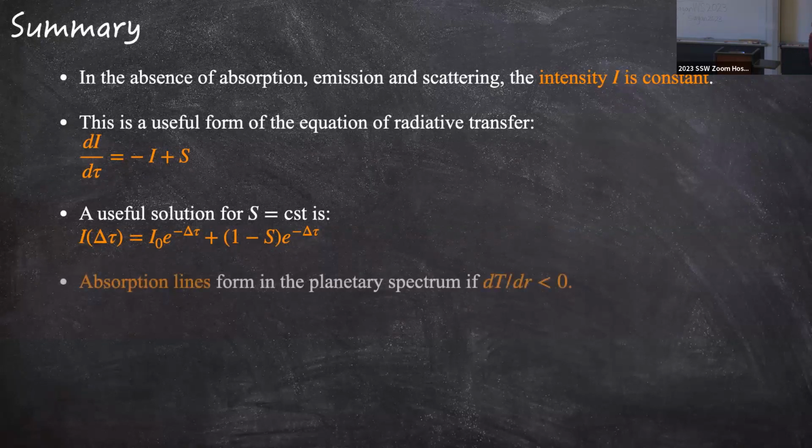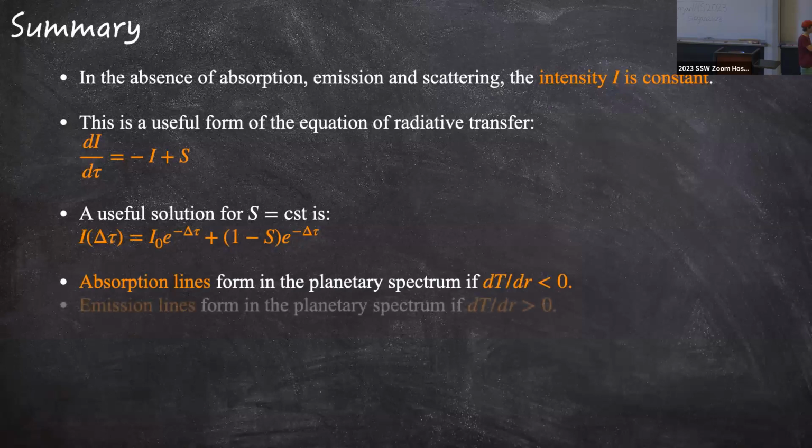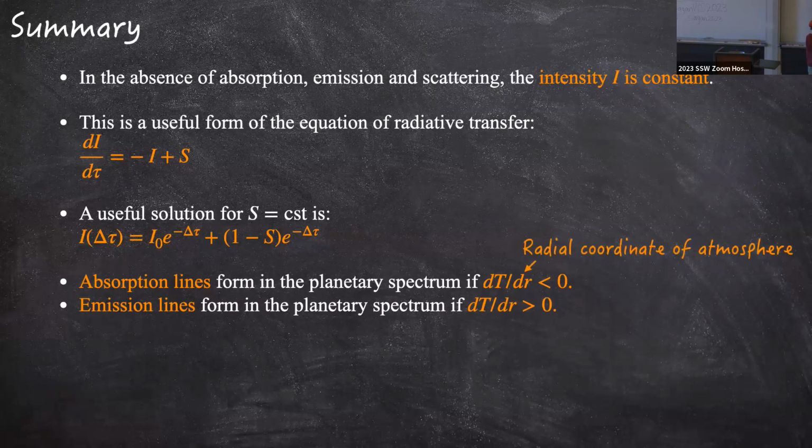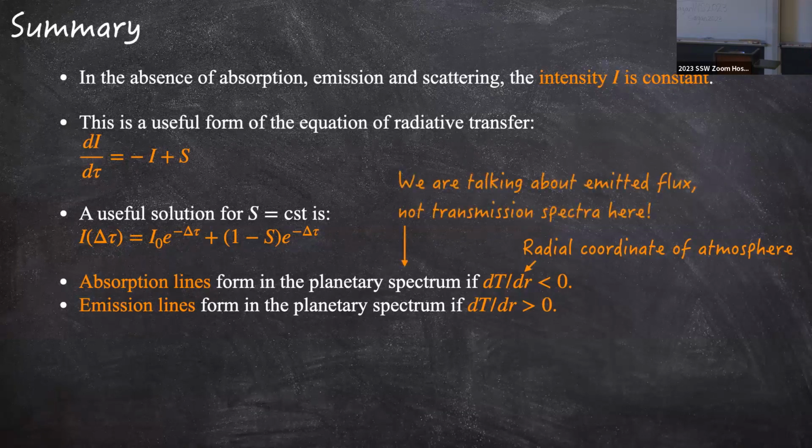Absorption lines form in the spectrum if dT/dr, the temperature gradient, is smaller than 0, which is often the case for atmospheres. And emission lines form in the planetary spectrum if dT/dr is larger than 0. And r, again, is just the radial coordinate of the atmosphere pointing upwards. I also want to make this clear: we're talking about emitted flux here, not transmission spectra.